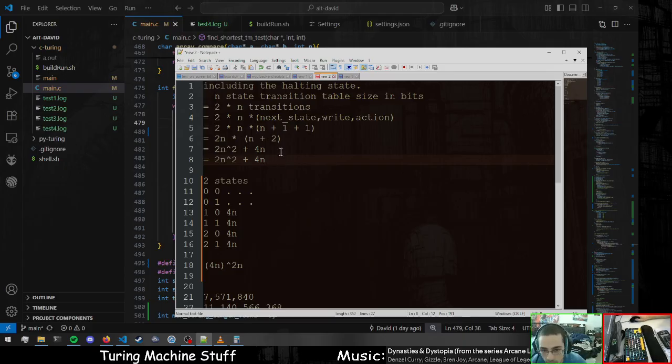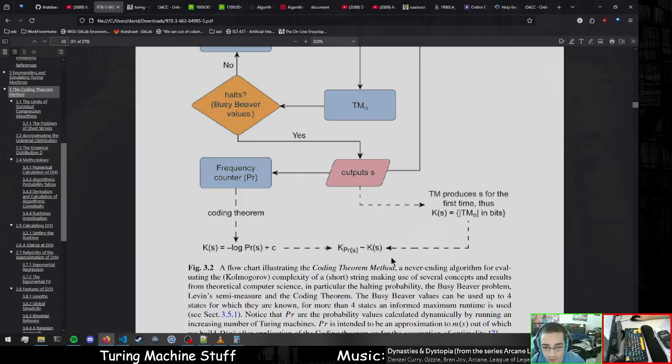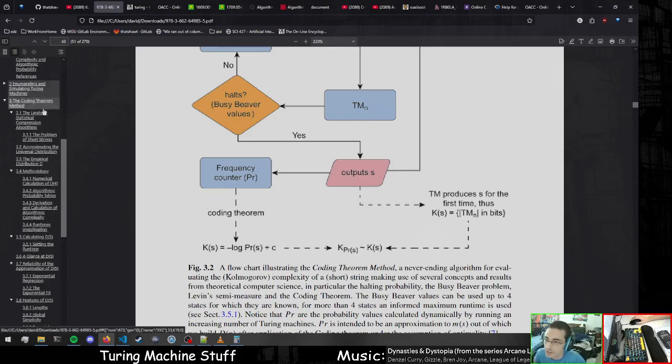How about this? So you get the specific Turing machine, and then with that Turing machine, you encode it, and then you could calculate that. It's gonna be approximate. That's what that squiggly line means, right?